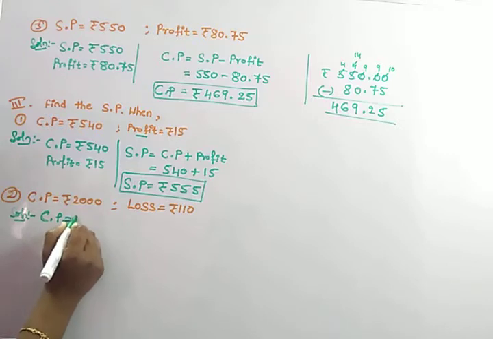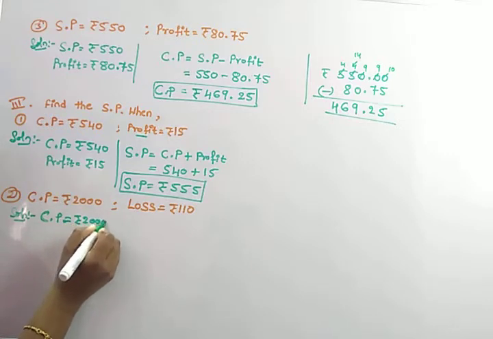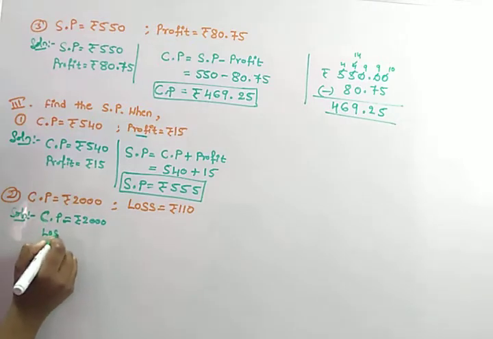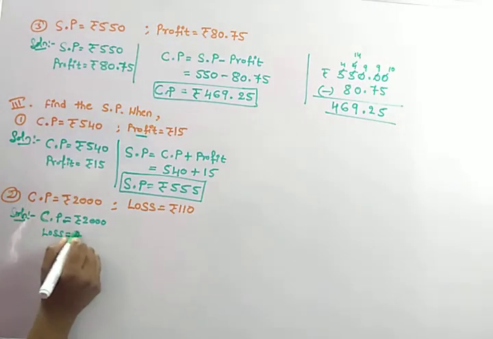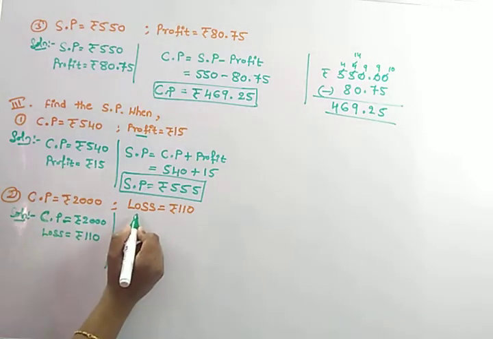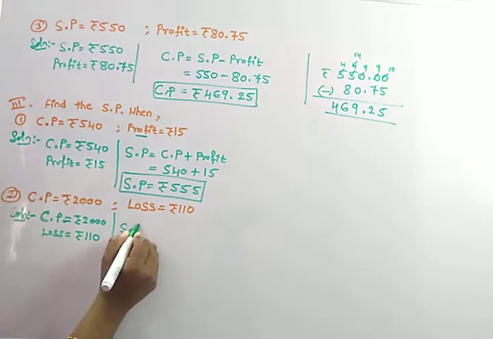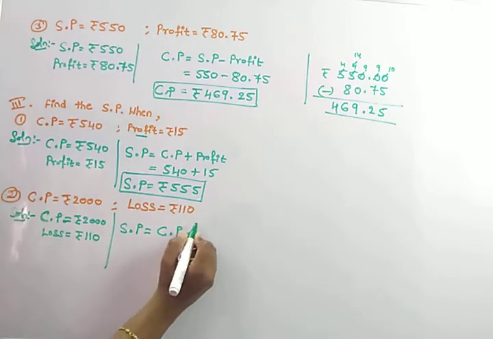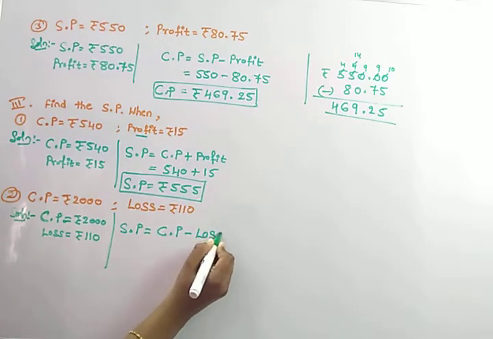So CP is equal to 2000 rupees. Then here the loss is equal to 110 rupees. So now in case of loss, the selling price is equal to CP minus loss.